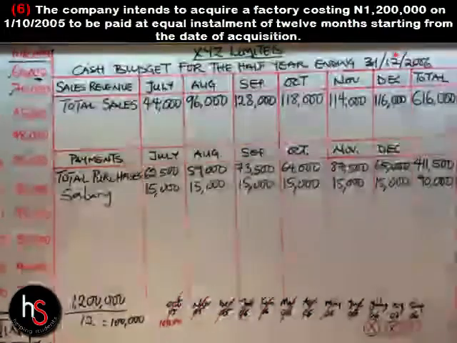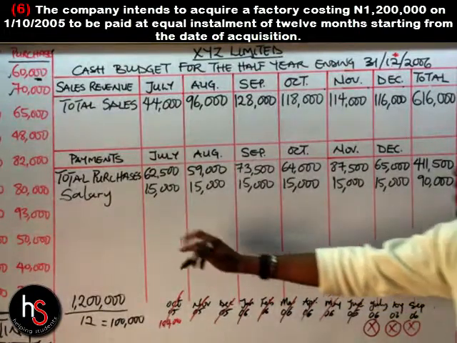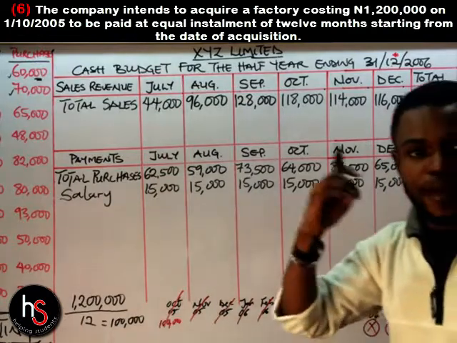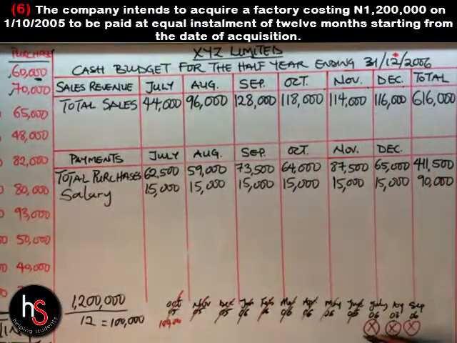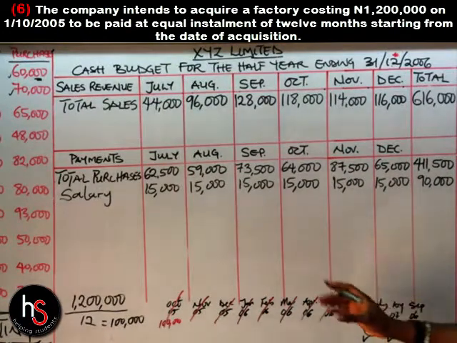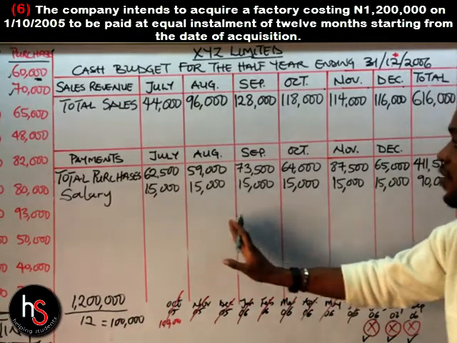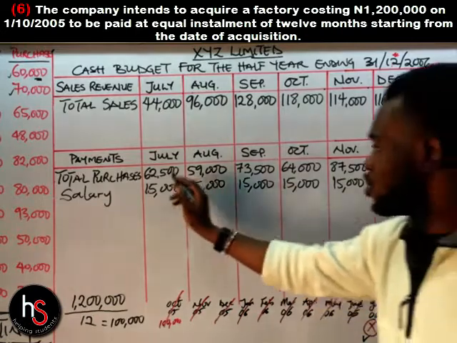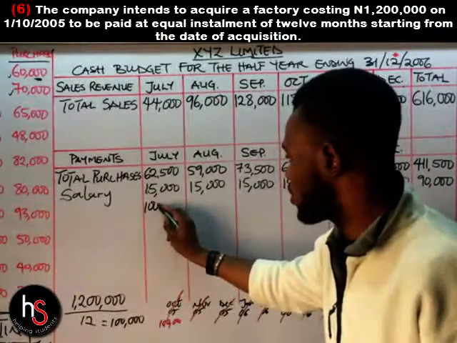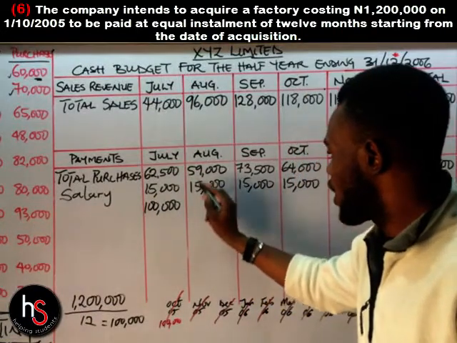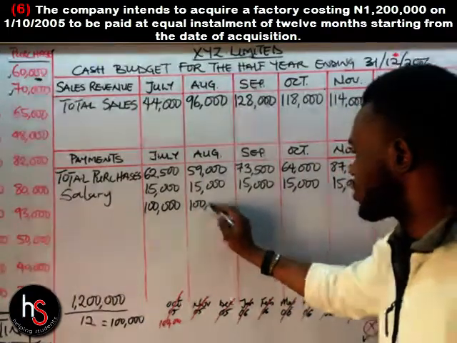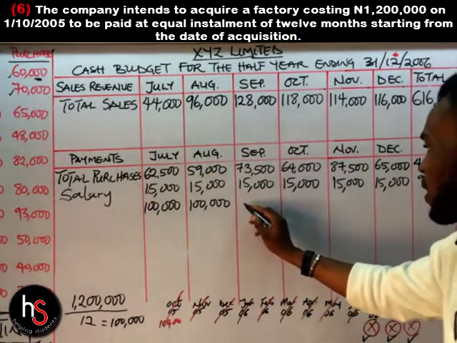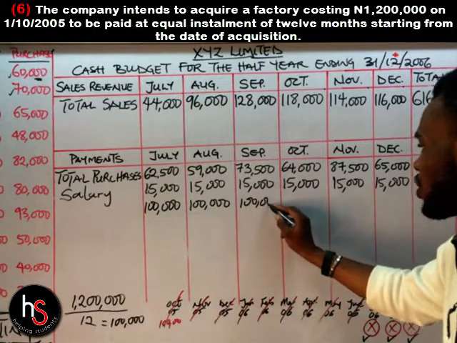In July, they paid 100,000. In August, they paid 100,000. And in September 2006, they paid 100,000. Now, these months are reflecting in the cash book. So in July we record 100,000, in August we record 100,000, and in September we record 100,000.